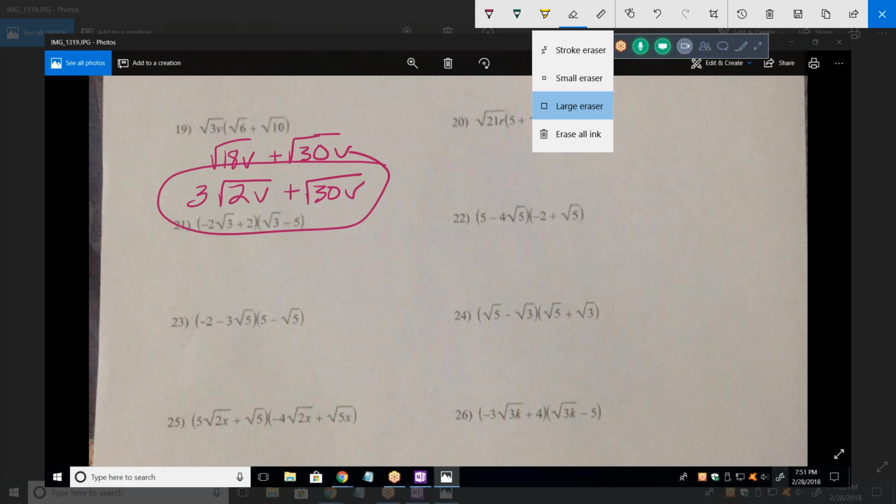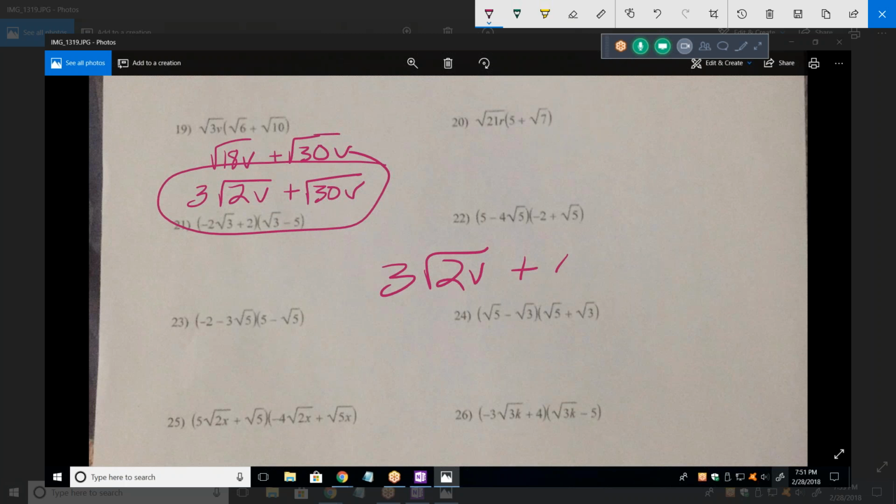Tell me what the answer to this is. Wouldn't that be 7 square roots of 2b? Yeah. So that's the only time I might do something like that.